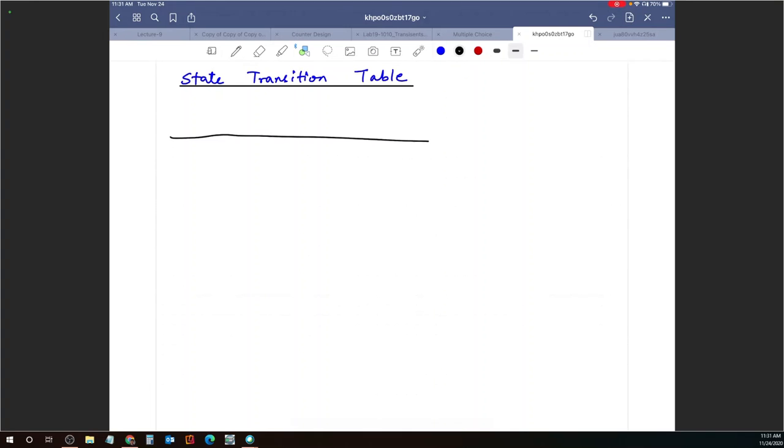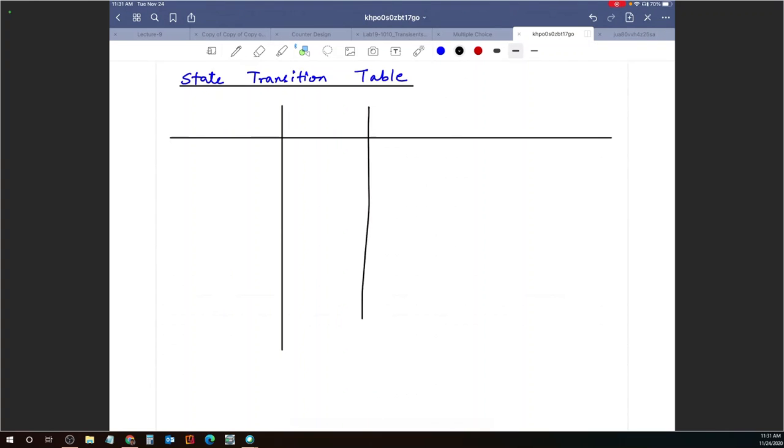So I'm going to sketch up a big table here, and I'm going to divide it up into 4 sections: 1, 2, 3, 4. And then on the leftmost column, I'm going to include my present states, input, next states, and then output.